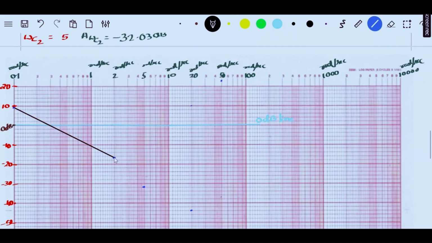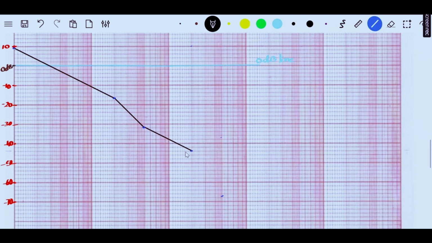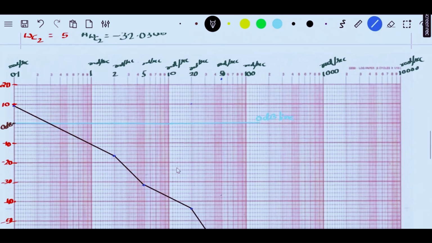Similarly from here to here, from this point to this point, and finally from this point to this point. Okay, so this is my magnitude plot.